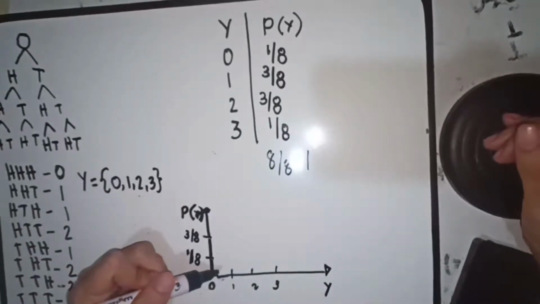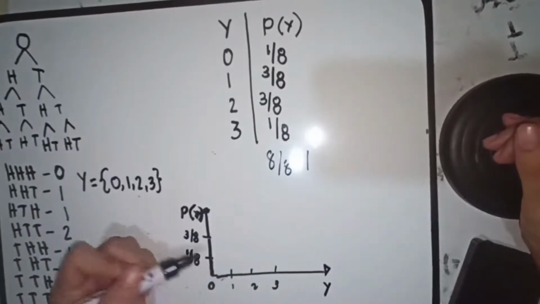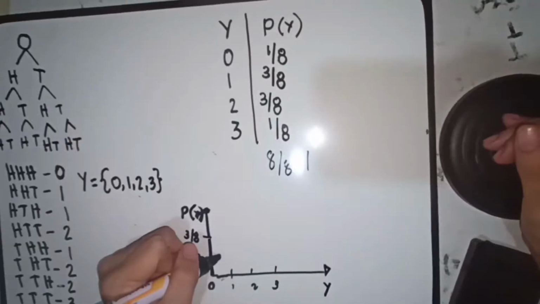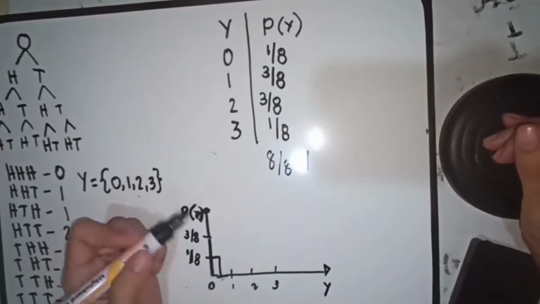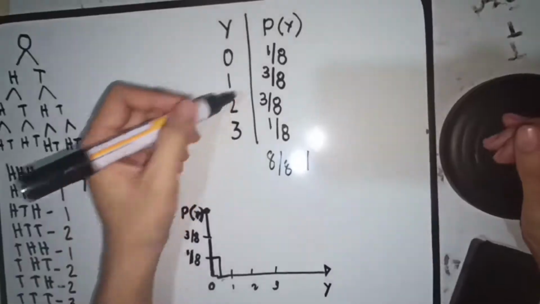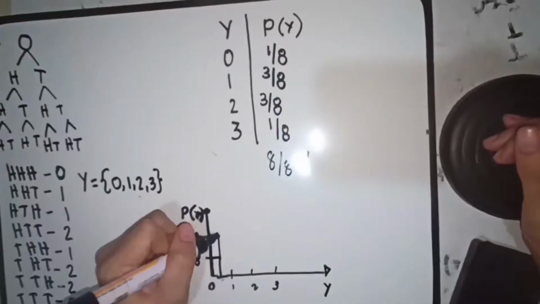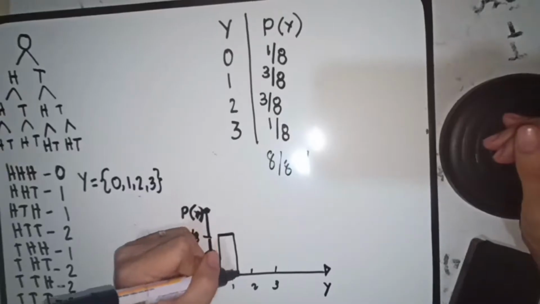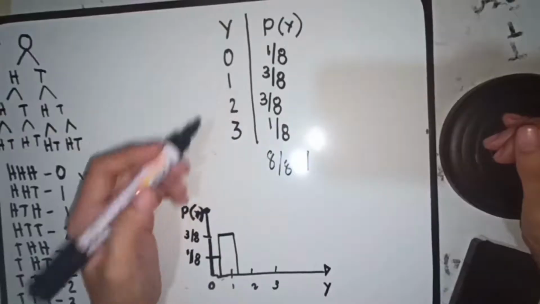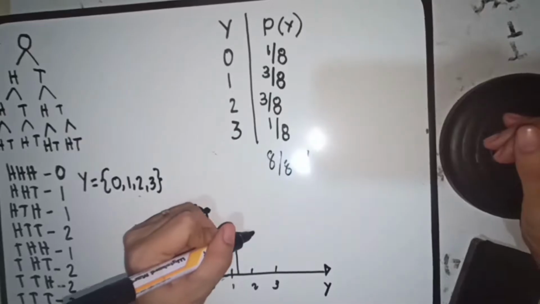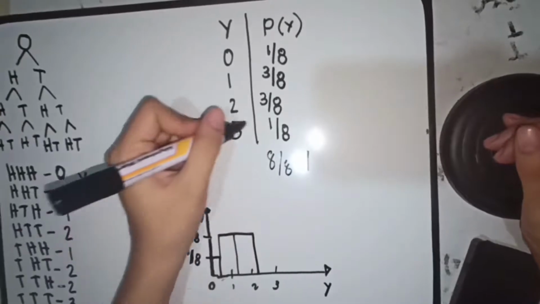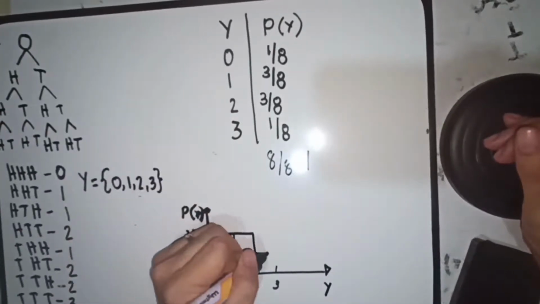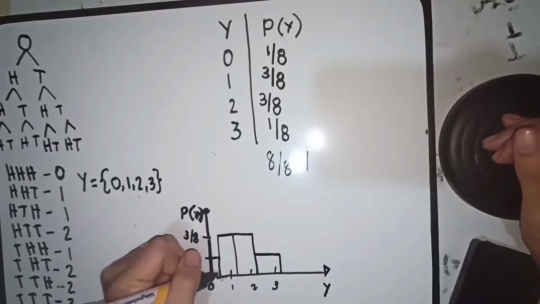So, for 0, we have 1 over 8. Then for 1, we have 3 over 8. And then we have 2, which is 3 over 8. And then for our 3, we have 1 over 8. Okay, we just shade.